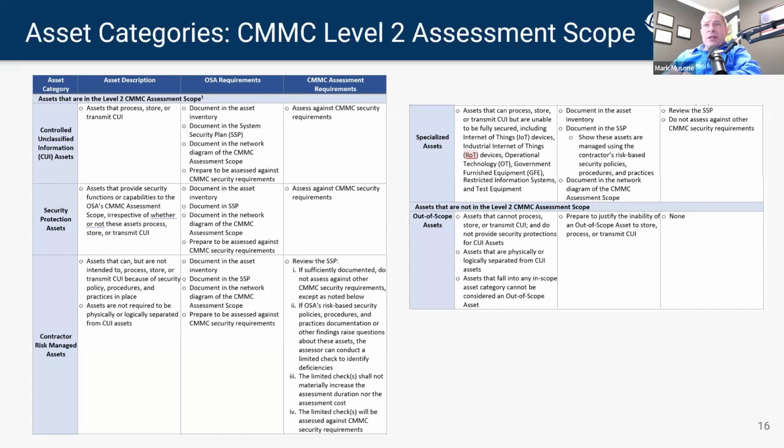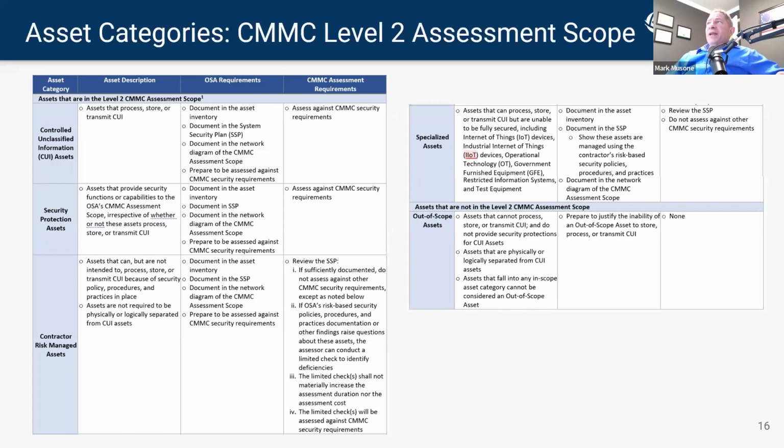And for the assessment, yes, it's going to be assessed against CMMC security requirements. So again, you have CUI assets, assets that handle CUI directly, and security protection assets, assets that are responsible for protecting those assets.